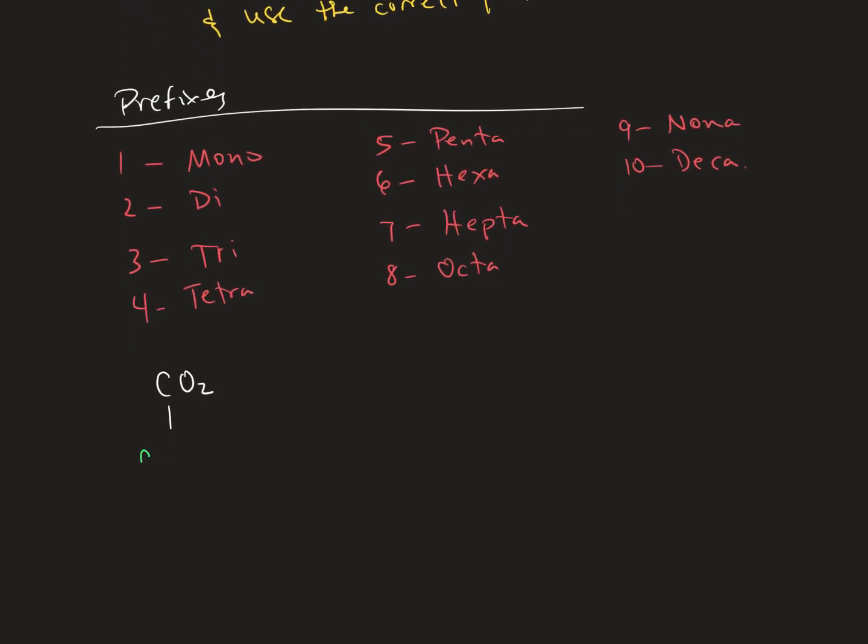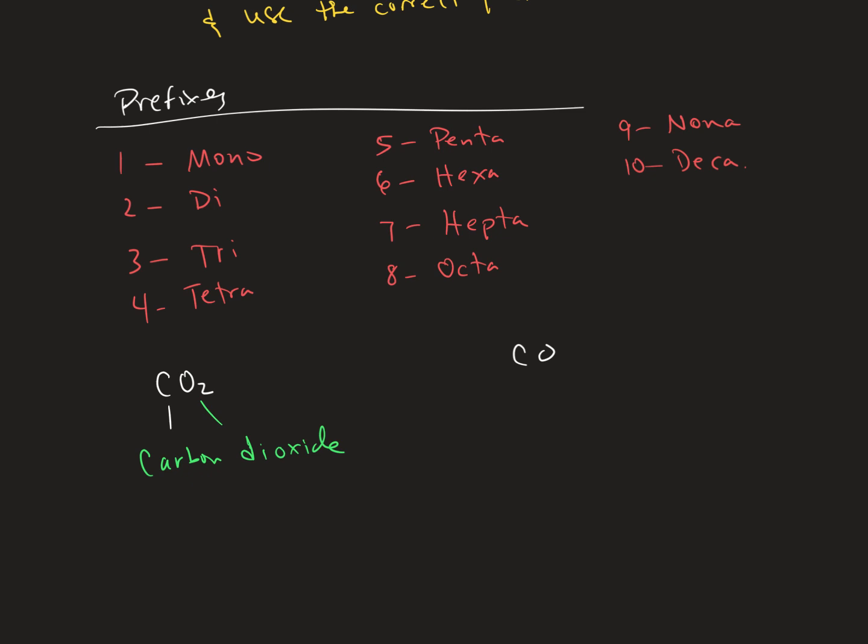So we're just going to use element name, carbon, and oxygen. There are 2 of them, so we're going to use di. We're going to change the ending of oxygen to IDE. Good? What about CO? What's that called? Carbon monoxide.